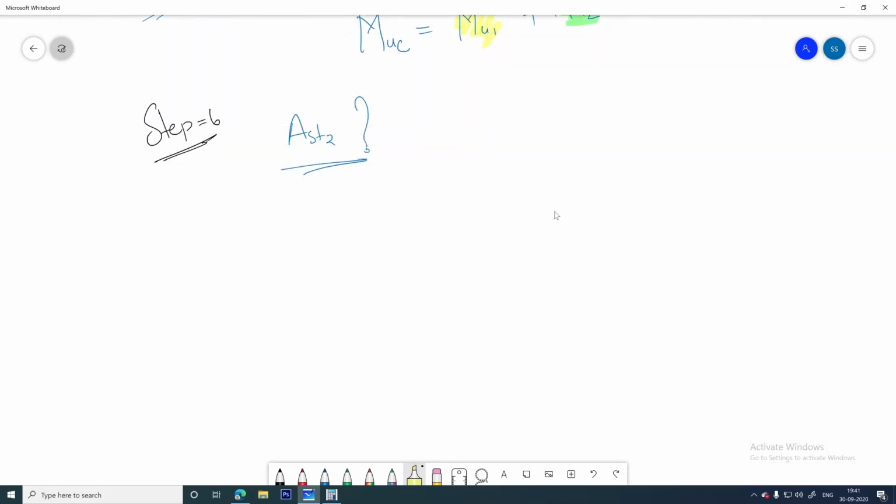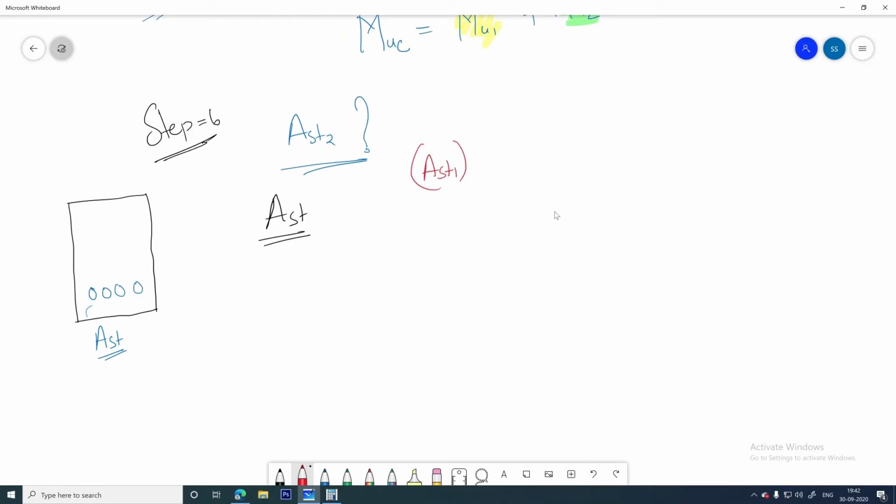Look here, you will be given the total AST. Total AST is given, that means for the doubly reinforced beam section, you will be provided with the total number of bars over here. So you can calculate pi by 4 into d square into the total number of bars, and you can get the value of this AST. Okay, and previously you got AST1 considering it as a balanced section, right?